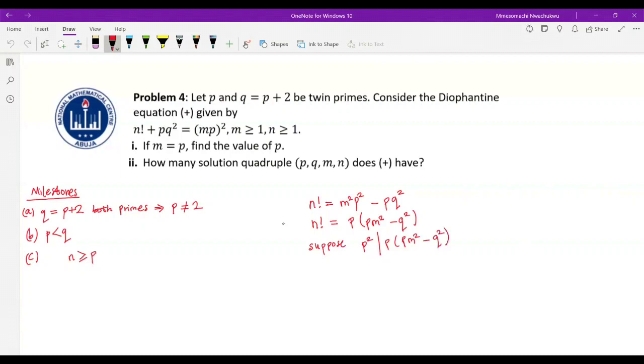Okay, what does this give us? Because you can cancel out the p from both sides. That's simply saying that suppose p(pm² − q²) over p² is an integer. So it implies that we can cancel out p.